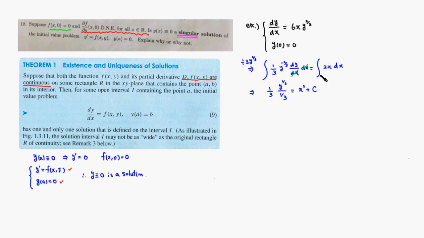Then we can cancel, there's 1/3 on top and 1/3 on the bottom, and we can just cube both sides. Then we can isolate y.